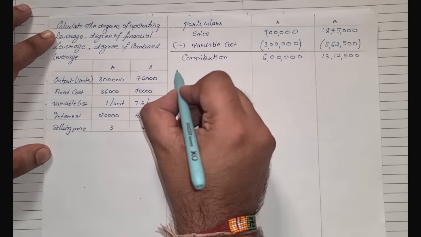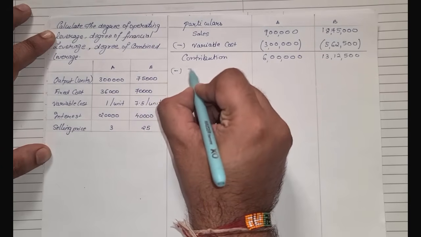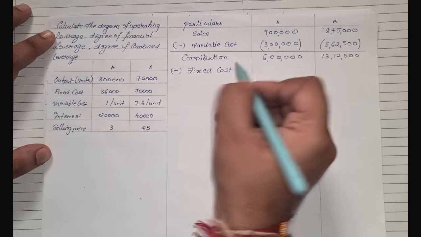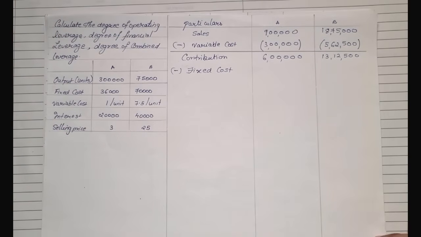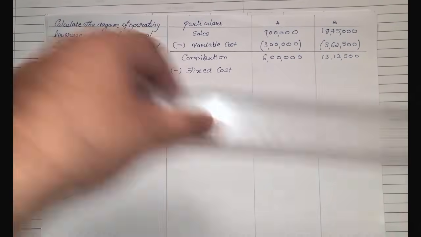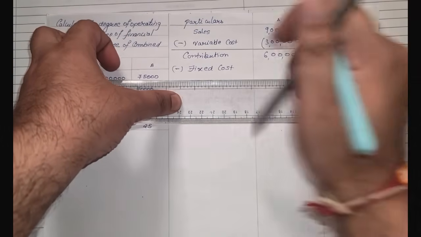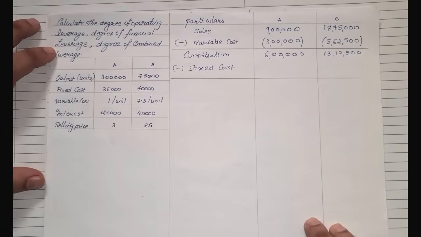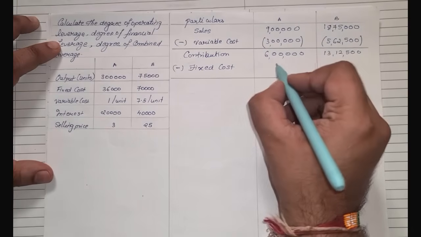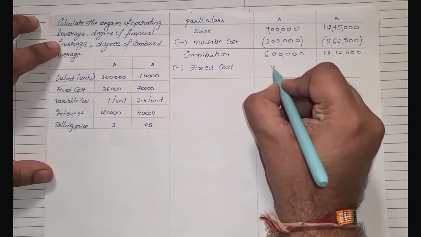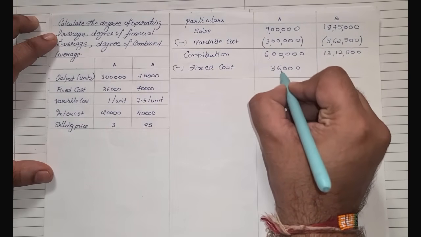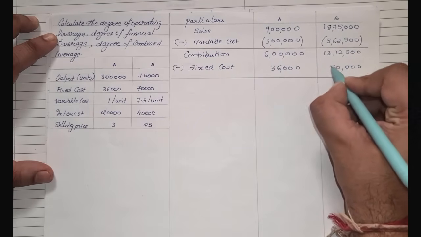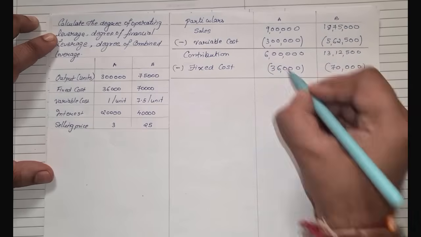Now from this contribution we will subtract fixed cost as per our income statement format. Again, we will make a line. Fixed cost is already given in our question as 36,000 for company A and 70,000 for company B. Since it's negative, we'll put it in bracket.